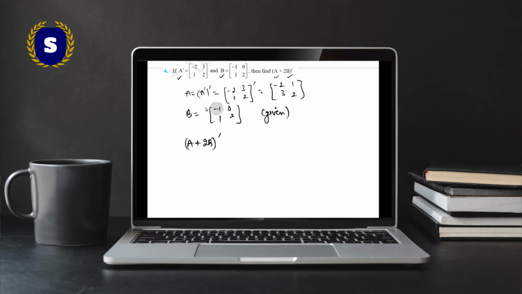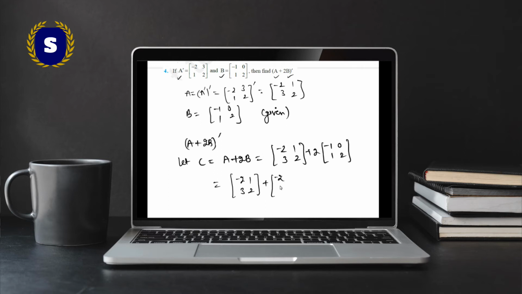For better presentation, let us assume matrix C is equal to A plus 2B. This comes out to be minus 2, 3, 1, 2 plus 2 times matrix B, that is minus 1, 1, 0, 2, which gives minus 2, 3, 1, 2 plus minus 2, 2, 0, 4.